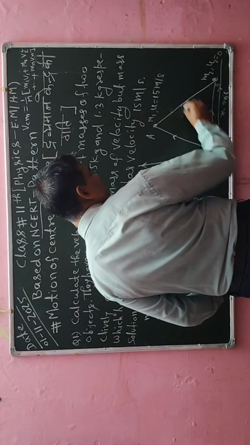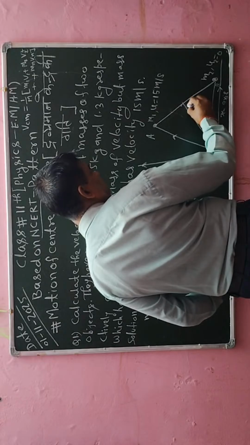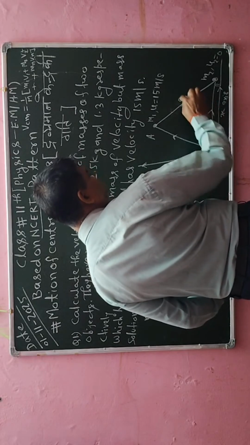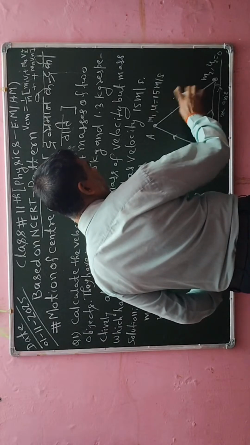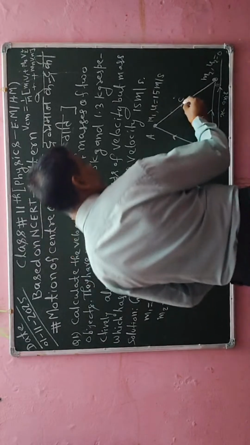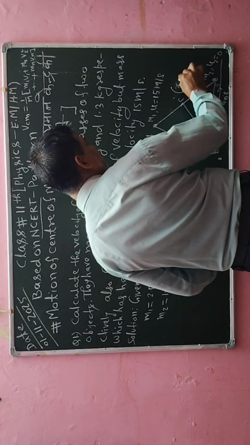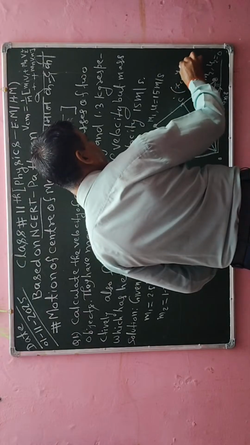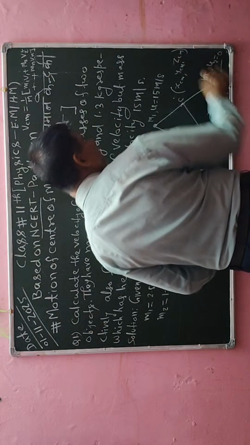Now the center of mass of these points, I will say that is C. So in this case the object will be at this point, and its coordinates will be xcm, ycm, zcm as per requirement.